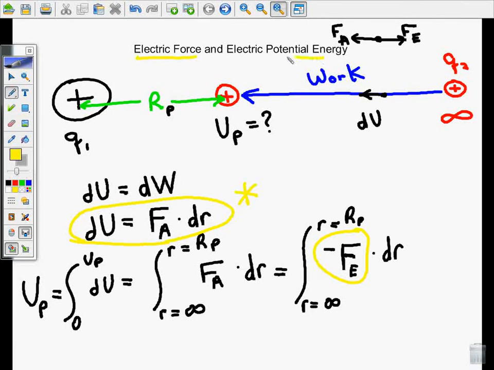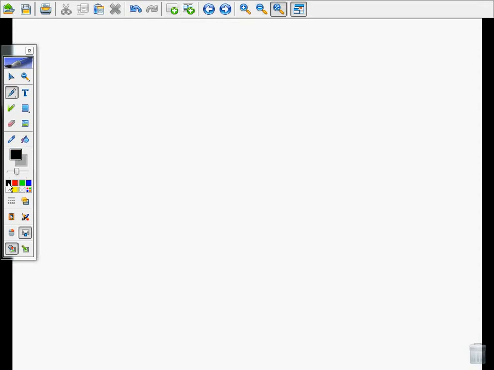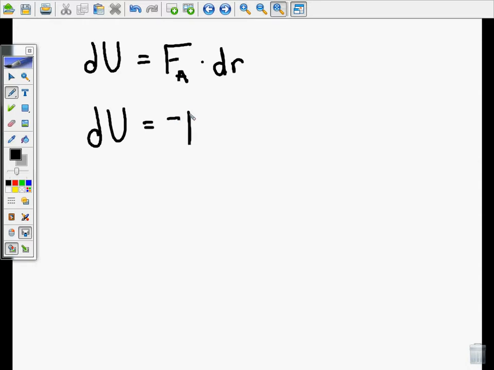So let's start off with that and just explore where this takes us. The little change in potential energy is equal to how much force someone's going to have to push that in times dr, but we know that that's equal to the negative of the electric force times dr.